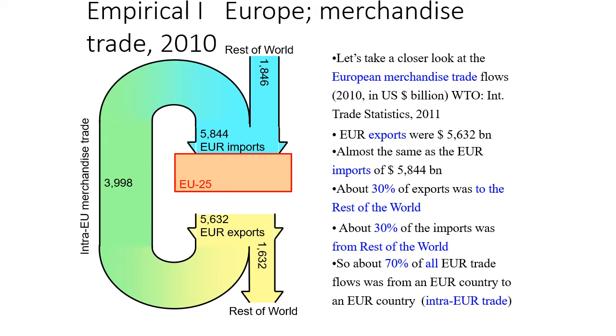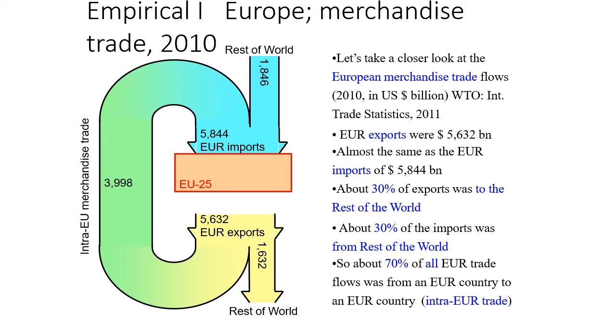Then we look at, okay, what is the percentage of exports that goes to the rest of the world? Outside Europe, right? Outside Europe, about 30% of the exports is going to the rest of the world. At the same time, in terms of the imports, about 30% of the imports are also coming from the rest of the world.